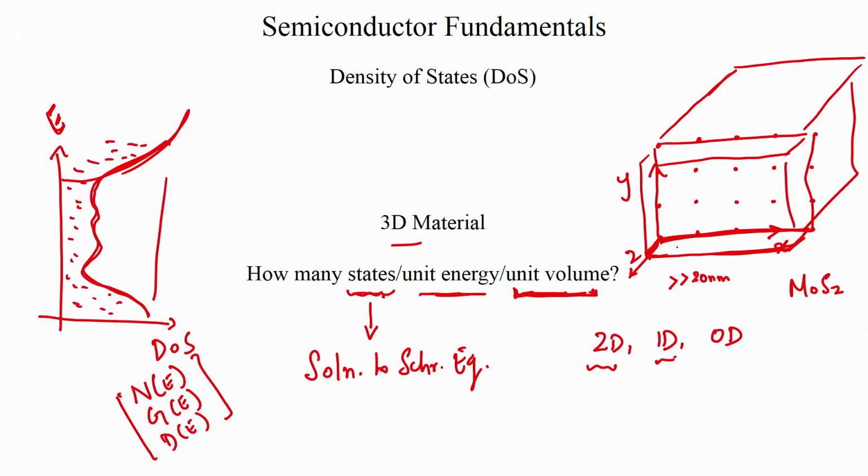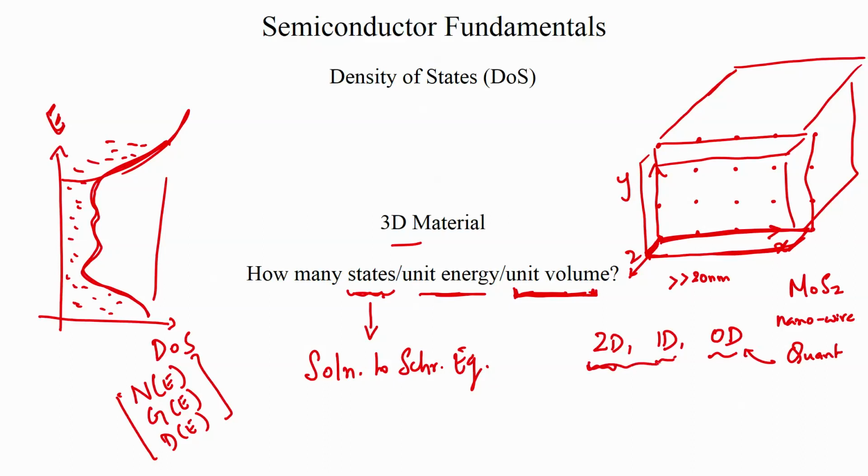Any nanowire could be approaching a 1D material. A 0D material is conceptually a point, with no extent in x, y and z. A quantum dot would probably be approaching a 0D material.